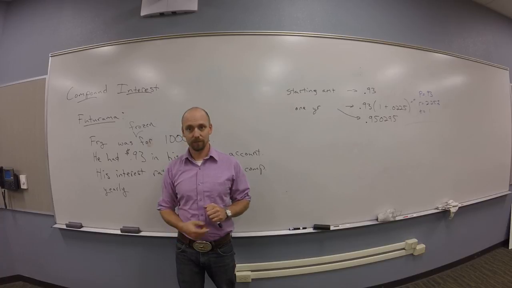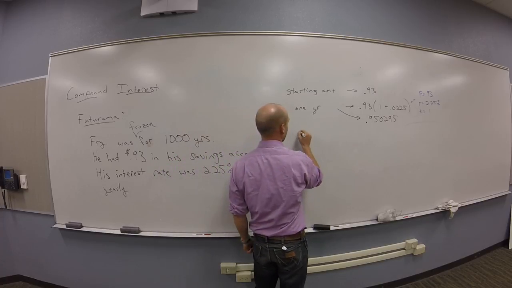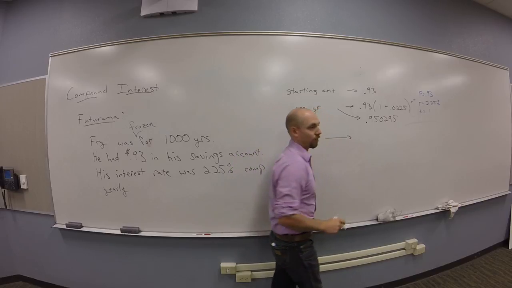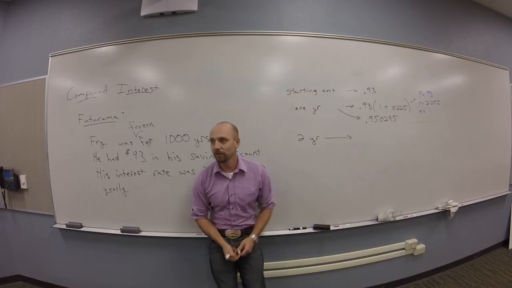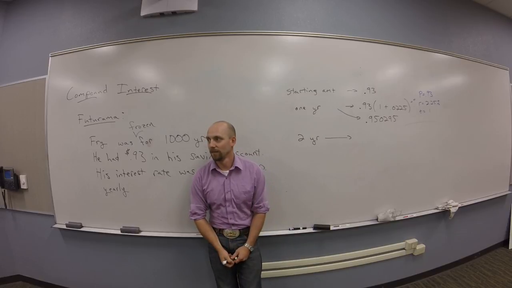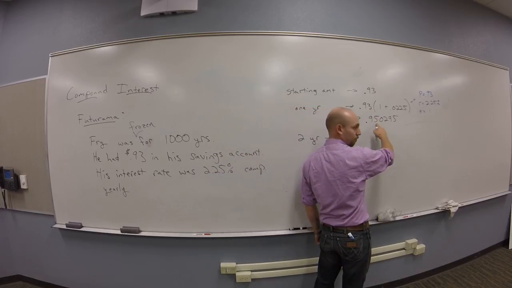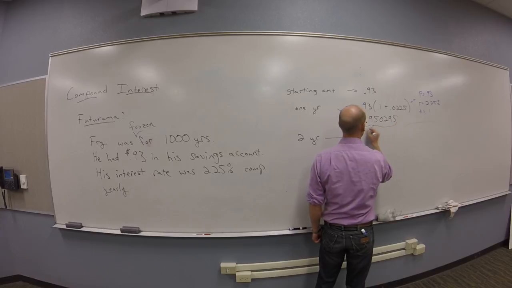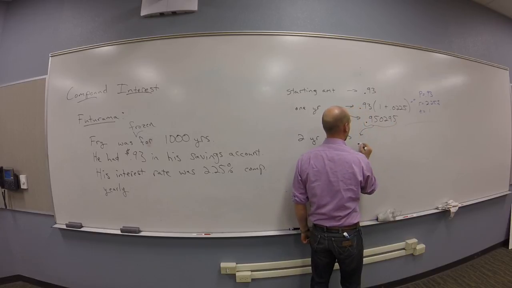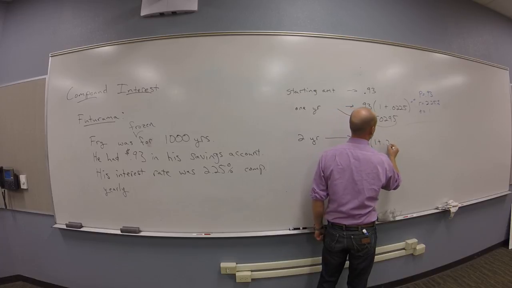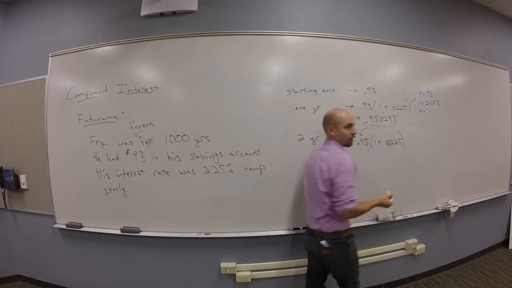You all see that? So for our second year, how am I going to calculate simple interest for this thing? Take the same equation, but replace the principal with the output from that. Perfect. So this 95 cents is going to be my new principal. So I'm going to have 0.95 times 1 plus 0.0225.